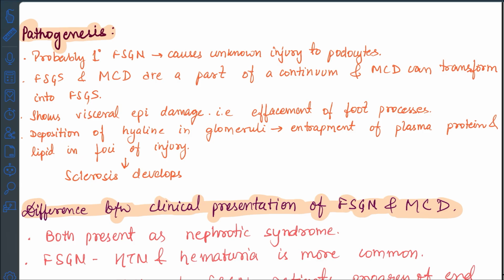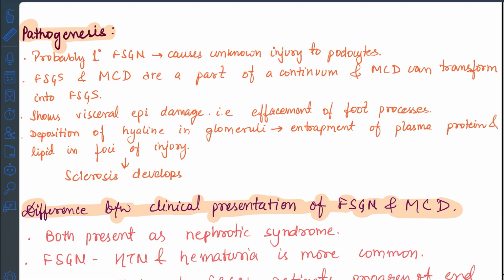ये शो करता है the main pathogenesis of this disease is that there is effacement of foot processes of visceral epithelium. Like if the glomerulus is damaged, the main part which is affected here is the visceral epithelium, and specifically the foot processes.